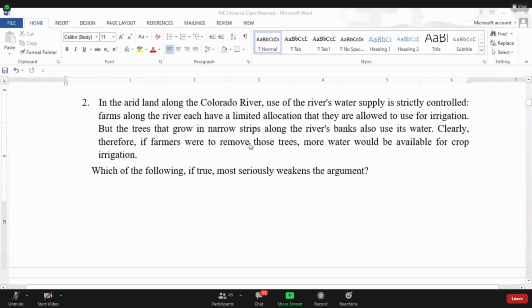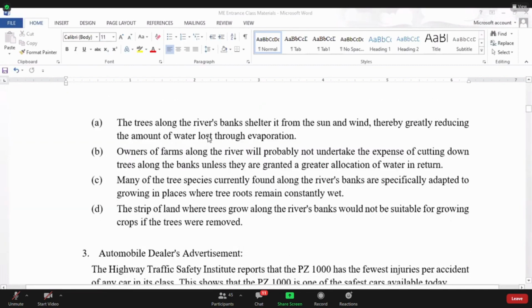If farmers were to remove those trees, more water would be available for crop irrigation. It means it talks about the removal of the trees. Oh, okay, I got it. So which option says that for crop irrigation, trees should not be removed? Yes, logically it was given.